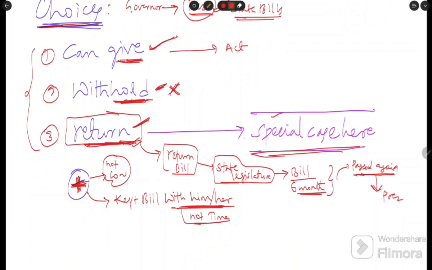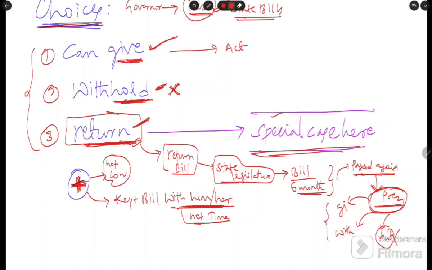Where does the bill go? To the president. Here the president can give assent or withhold assent, but not return the bill, because he has already returned the bill.